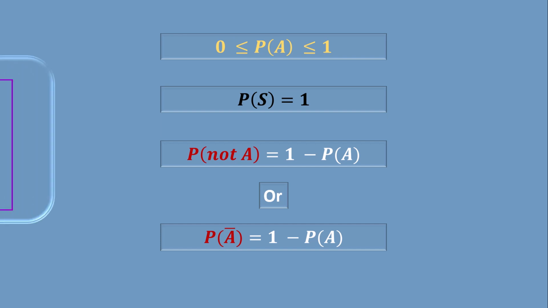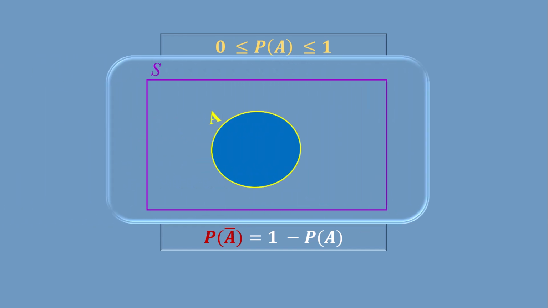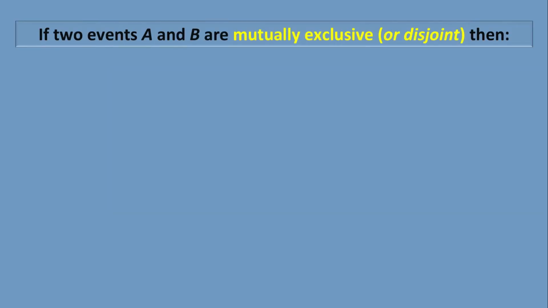How do we use the Venn diagram to show the complement? Again, the complement of A consists of all elements in the sample space except A. That means the area outside of A but in the rectangle, the sample space. So this is the area of A complement. Now disjoint.